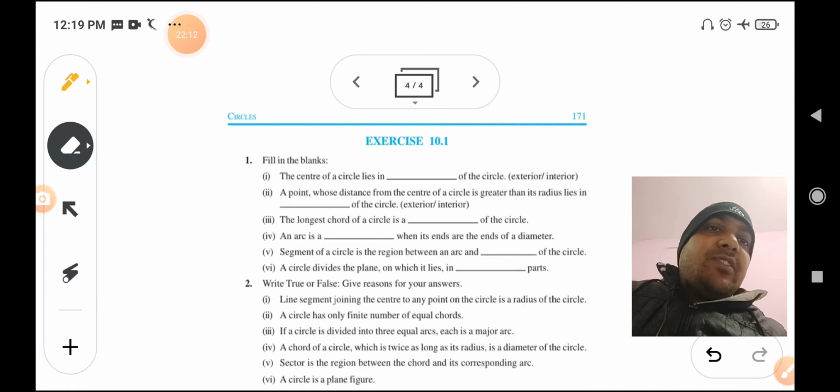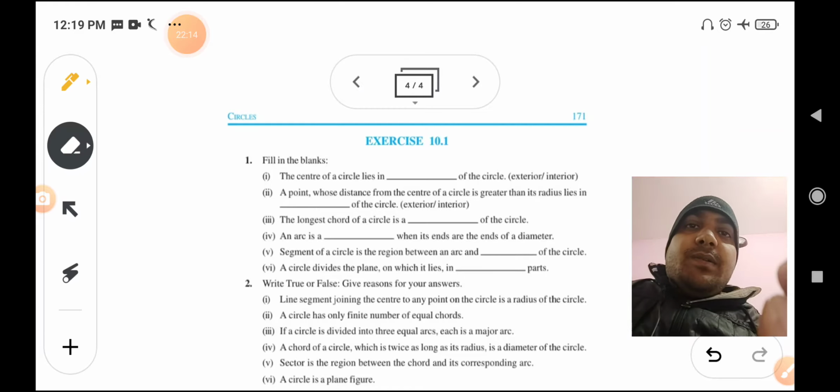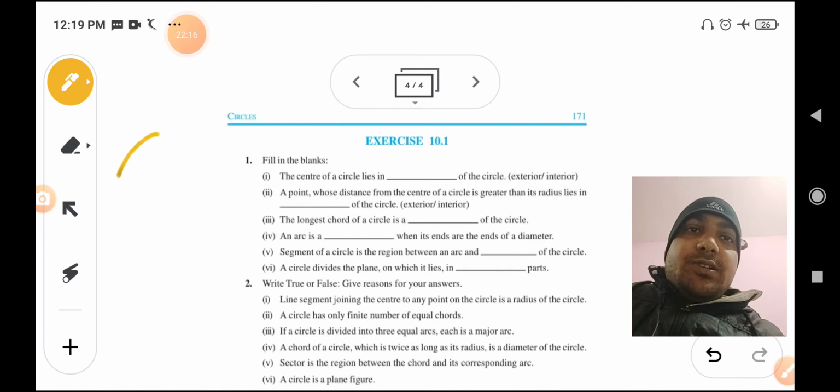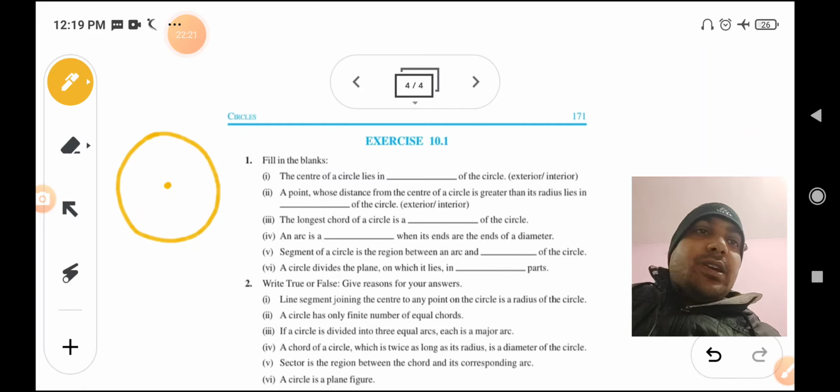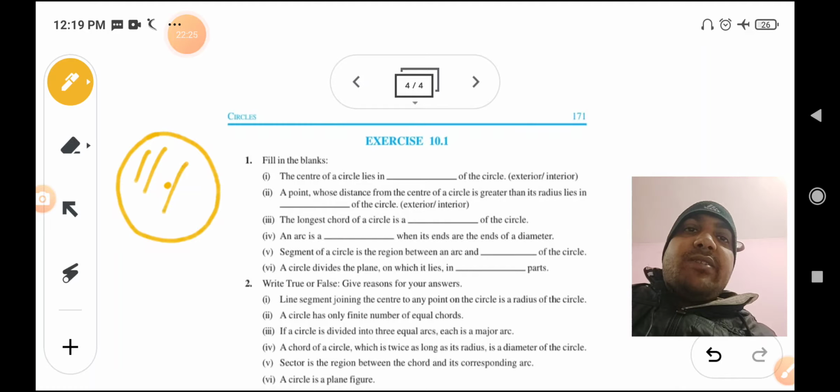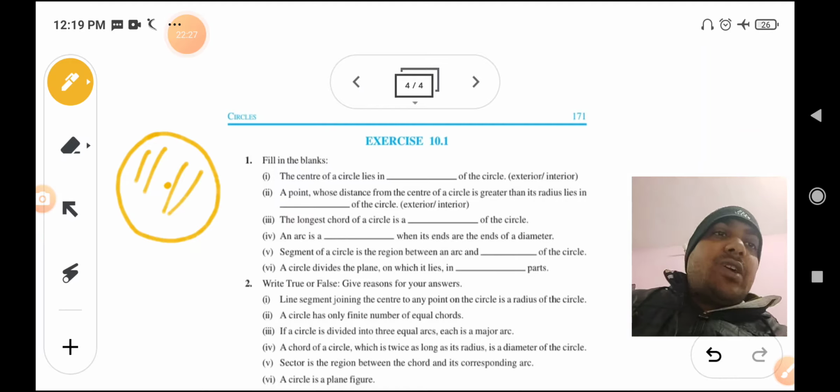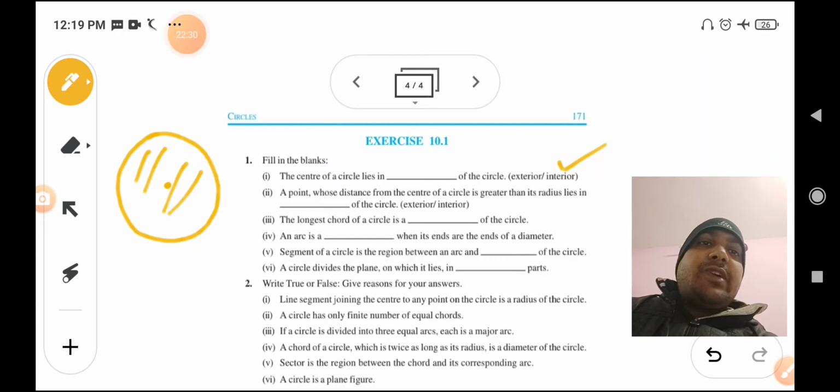The center of a circle lies in the exterior or interior of the circle. See here, this part is known as the interior, so the answer will be interior. Very good.